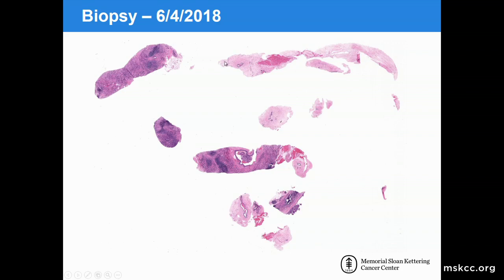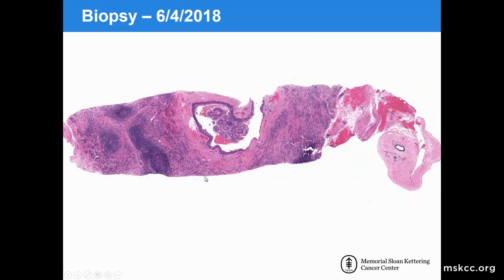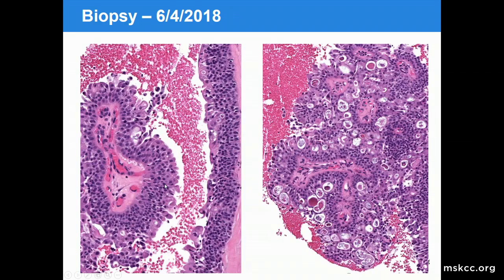So you can see at low power that there are multiple tissue cores that show this lesion right here. On slightly higher power, you see that we have this cystic and partially solid lesion that's surrounded by this marked chronic inflammation. And on higher power, there are these fibrovascular cores surrounded by an epithelial proliferation.